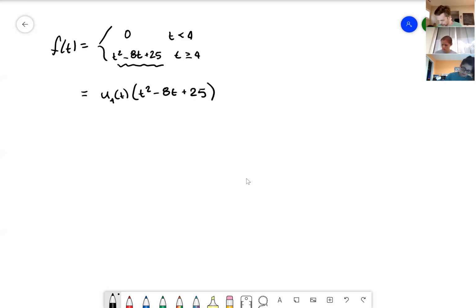Okay, so I want to get the Laplace transform of f. What I'm going to do first of all is bring up my handy table of Laplace transforms, which you will be allowed to use on the exam, of course. Okay, so let's see. This is probably a good one. I just Googled one. Doesn't really matter.